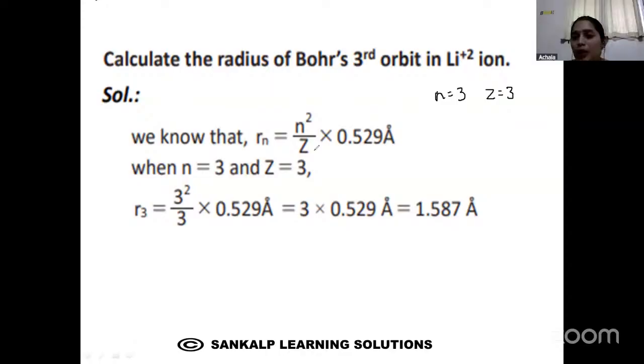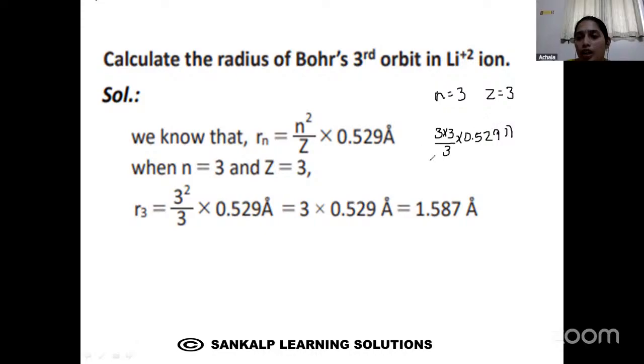We have to substitute here n is equal to 3. It will be 3 square divided by Z. 3 square, 3 into 3, will be 3 square divided by Z, which is again 3, into 0.529 angstrom.